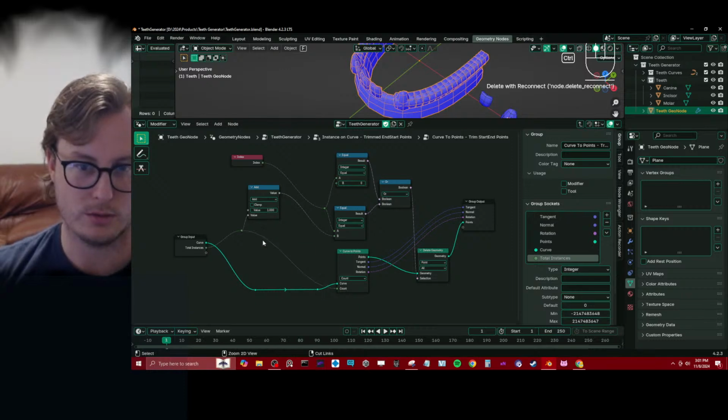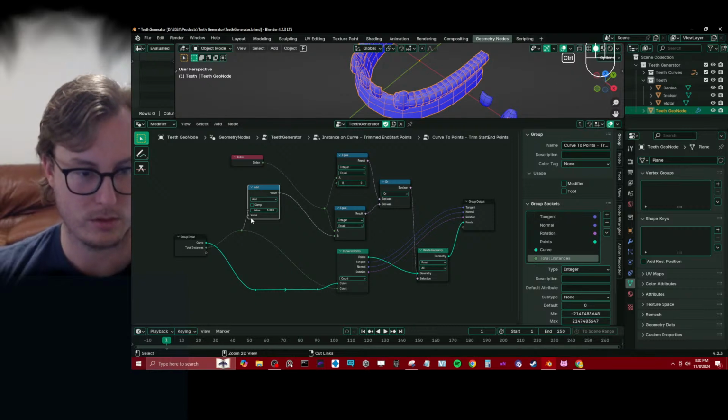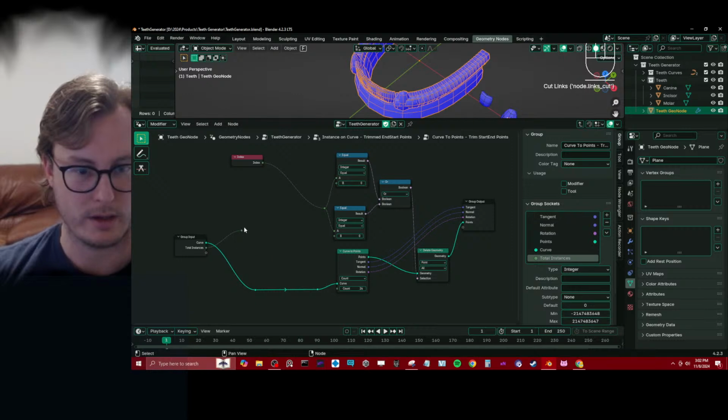Why am I adding 2? I want to add 2. If the index equals 0, or the index is the curve amount.